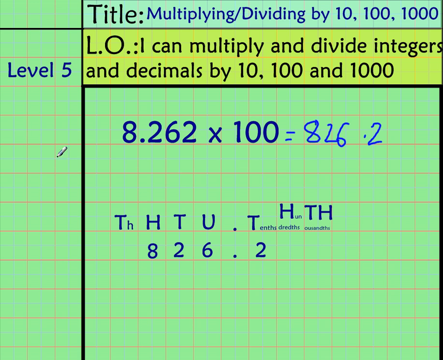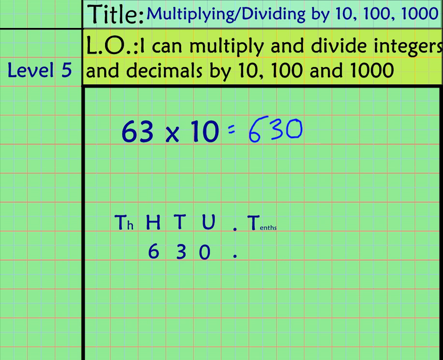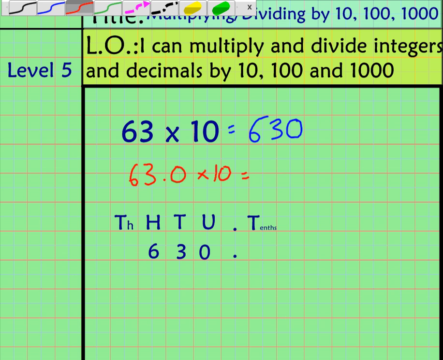I hope you understand why the numbers have changed to their new format. But what I want you to notice here is, when I multiply 63 by 10, if you remember originally how I wrote it out, I said 63.0, because any whole number can be written with .0. Look at what's happened to my decimal point.